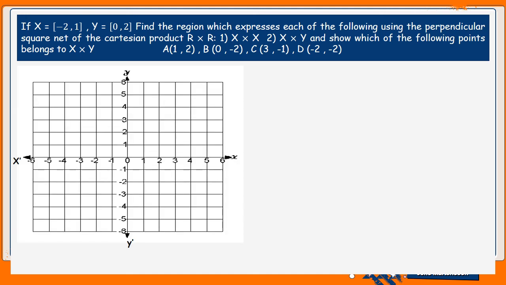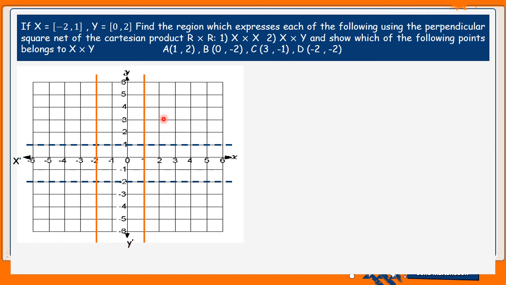Here is the coordinate plane that we have. We want to draw the interval of x, here the interval will be -2 perpendicular to the x-axis, and the closed one 1 perpendicular to the x-axis. For the other projection, it will be perpendicular to the y-axis, -2 and 1.